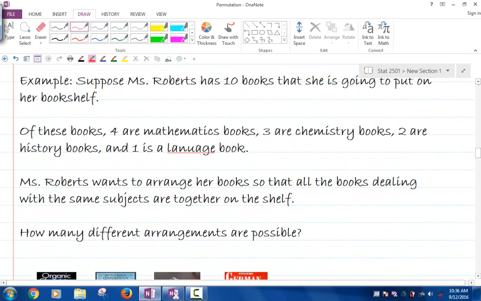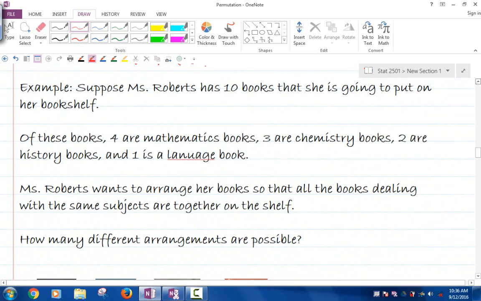Suppose Mrs. Roberts has 10 books that she is going to put on her bookshelf.